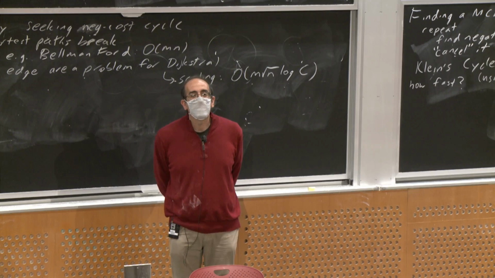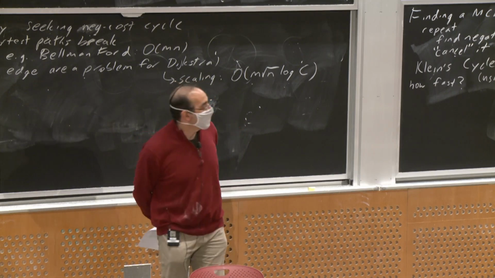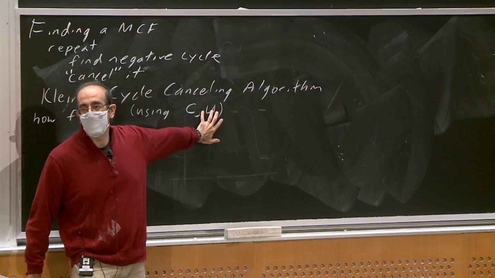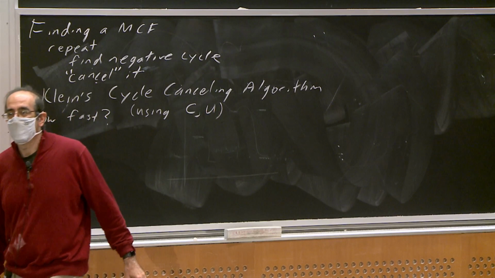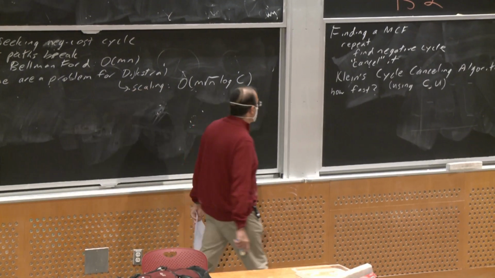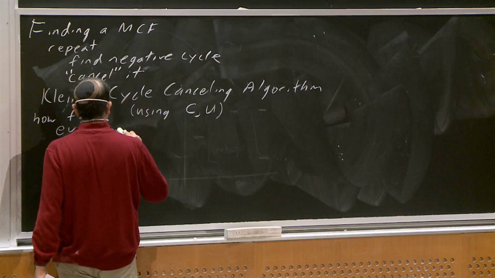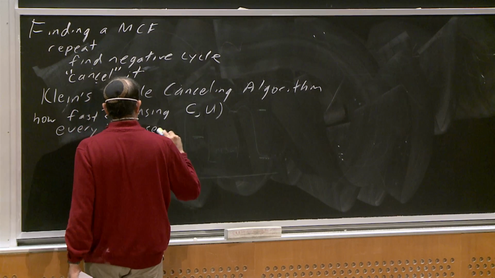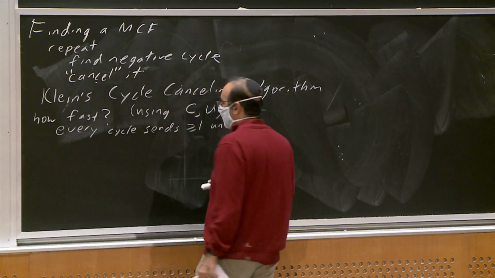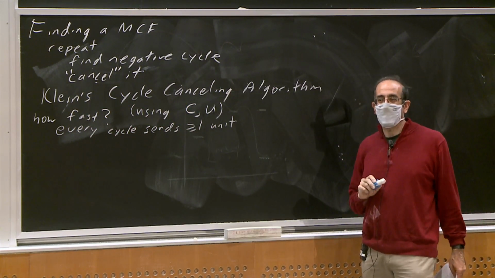It depends on if we're dealing with integer flows. Remember, anytime I say that we're talking about C and U, I'm implicitly talking about integer quantities. So we can push at least one flow, and if we push this one flow, then we will improve our cost by the negative cycle cost. And what can we say about that negative cycle cost?